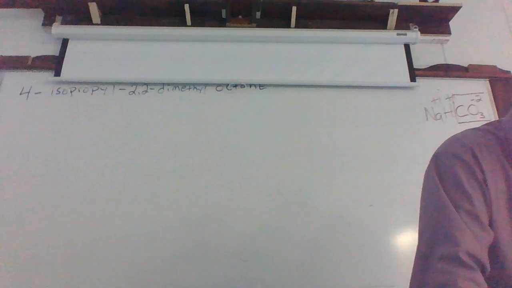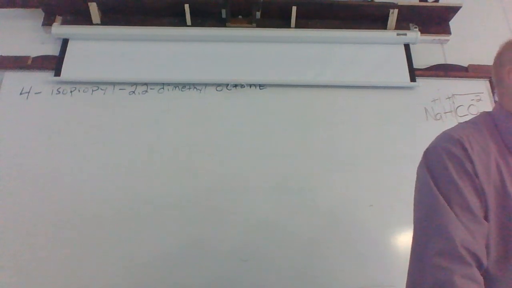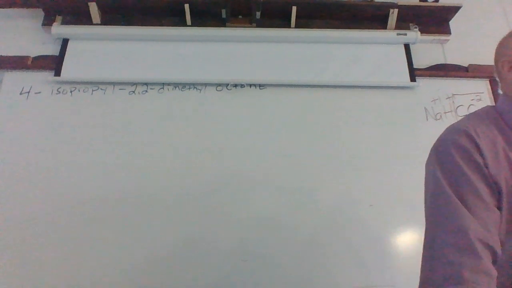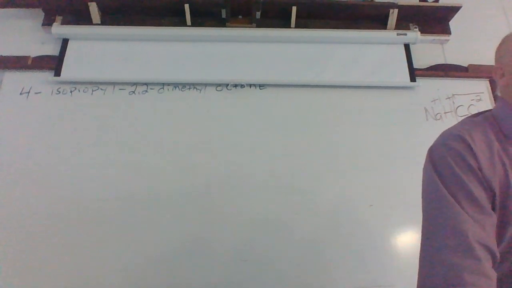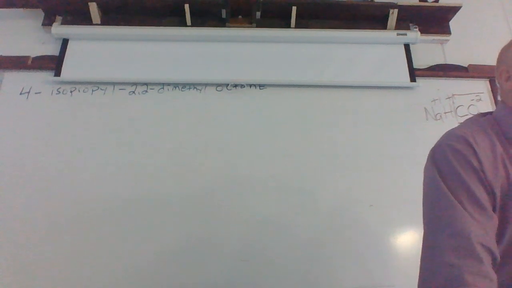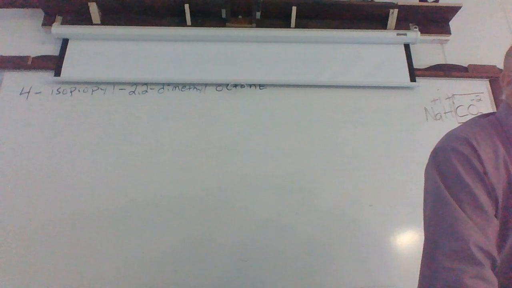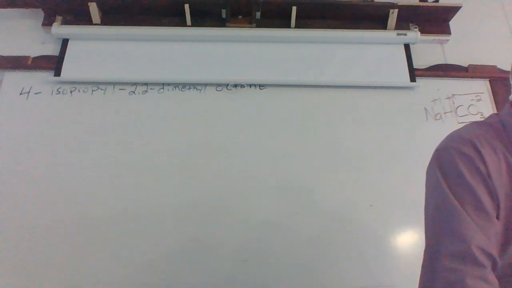Okay. Then add the names of any alkyl groups. So what would be an example of an alkyl group that we've talked about up to this point? Okay, a methyl group, propyl, ethyl, and isopropyl. So where are you getting those names from?